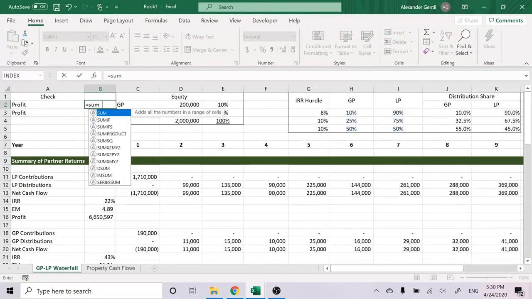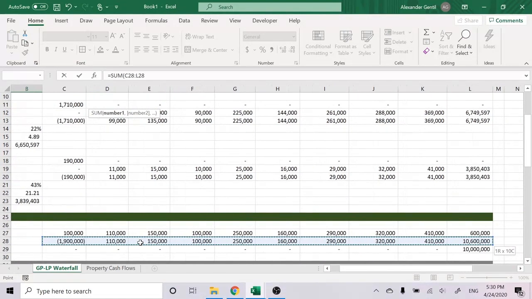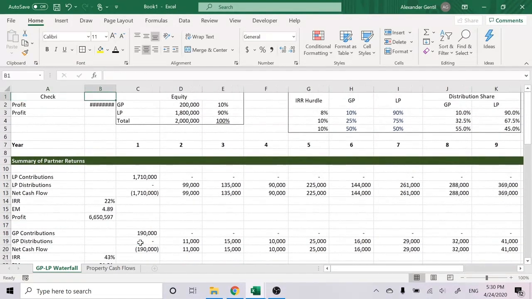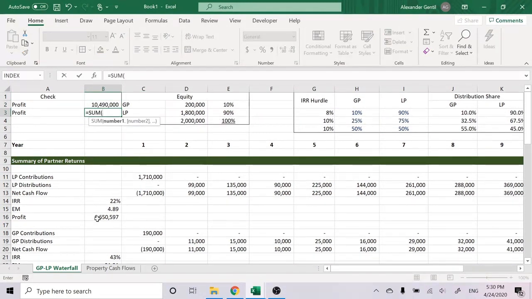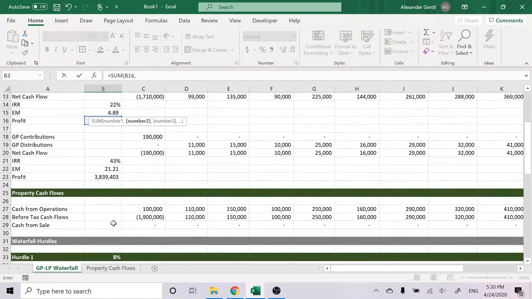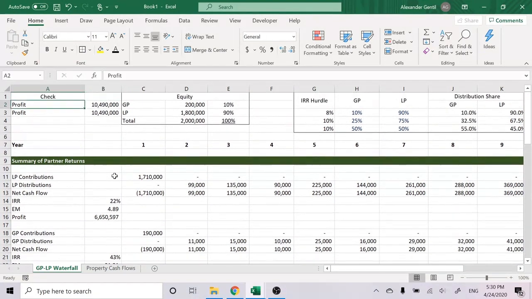So I'm just going to sum these with this here. And they're the same, so I distributed everything correctly.